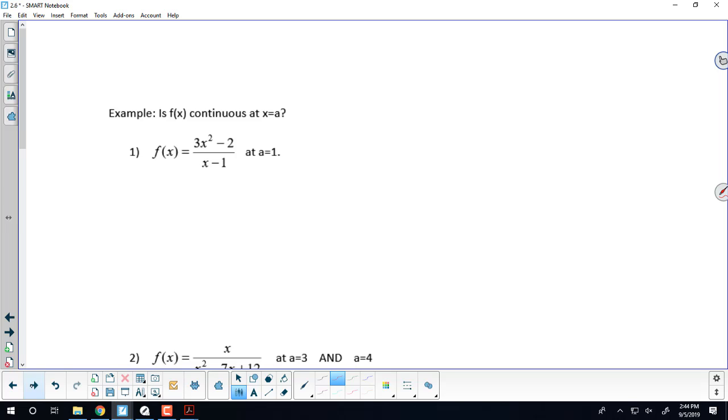So a couple of examples. Given f of x, is the function continuous at a? Example 1 is 3x squared minus 2 over x minus 1, continuous at 1? It would be no straight out the gate. How do you know that? Because it fails the first rule. Item number 1, f of 1 is not defined.